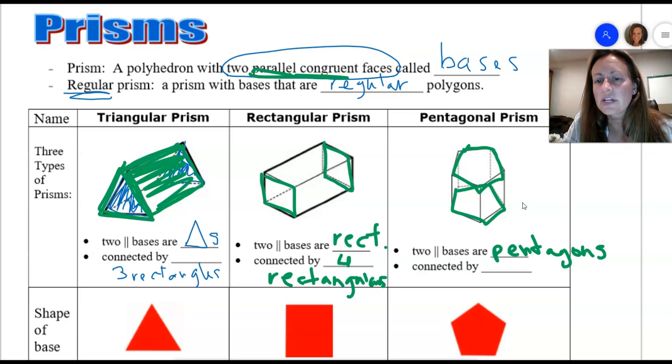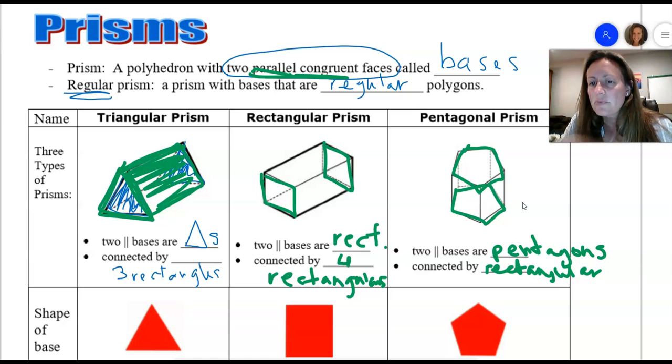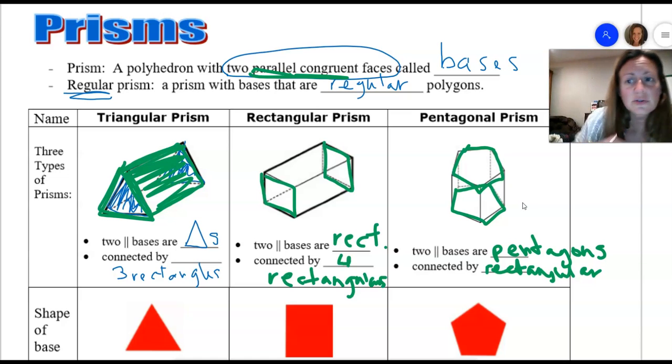Those two pentagons are connected by rectangular faces. All the upright walls of that figure, you could call it, if it was like a box or something, the sides, those are all rectangles connecting the two parallel congruent pentagon bases.